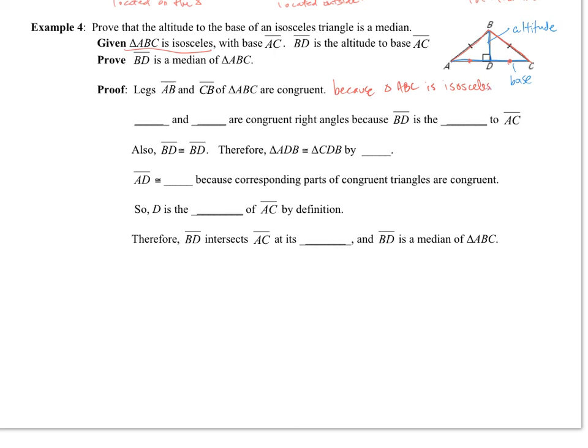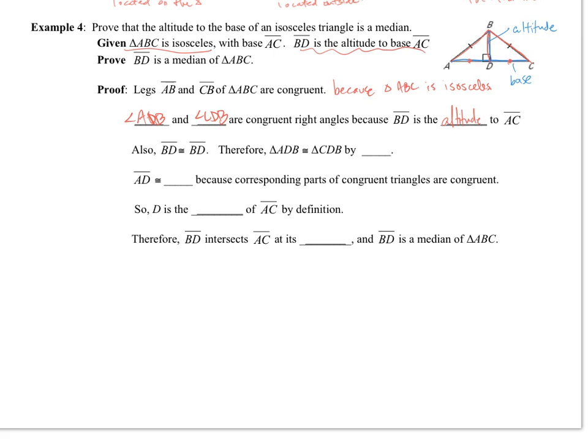Next we can state that triangles ADB and CDB are congruent right triangles because BD is the altitude to AC, which was given.